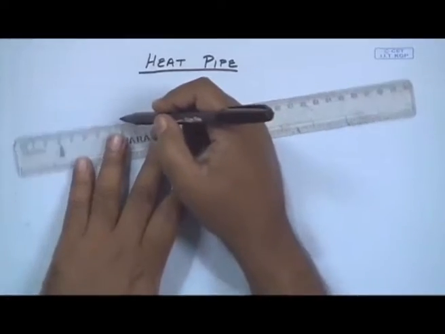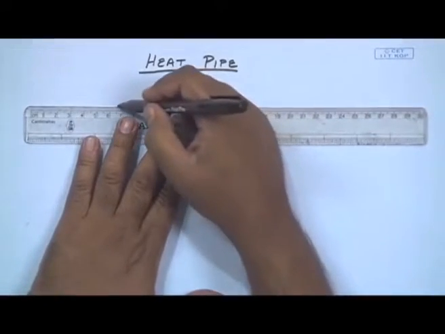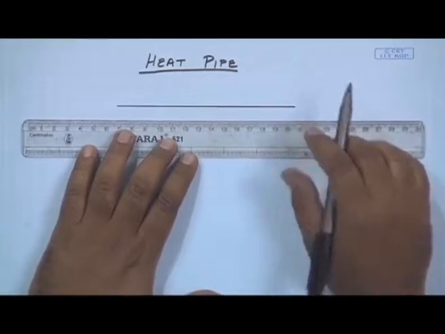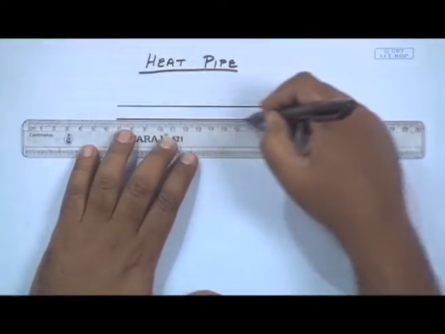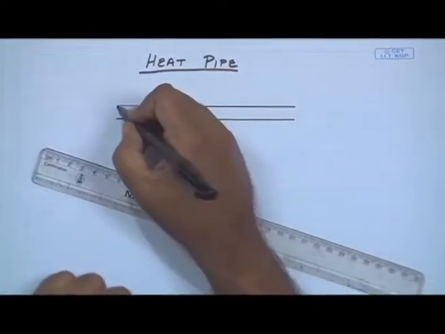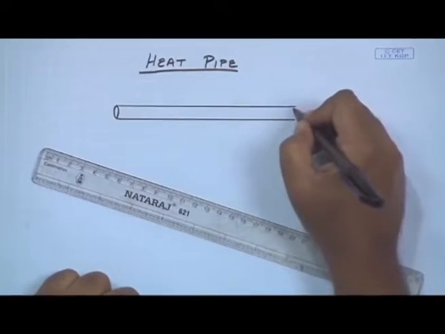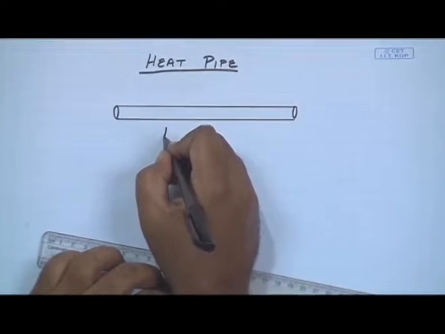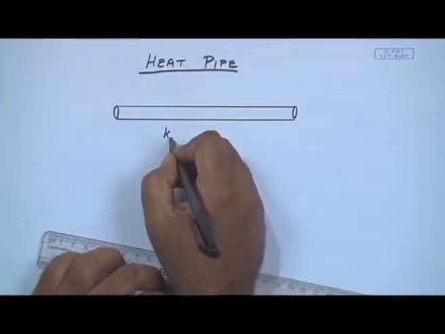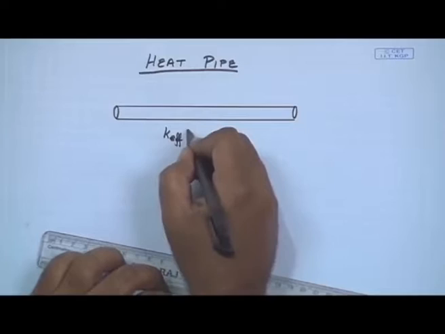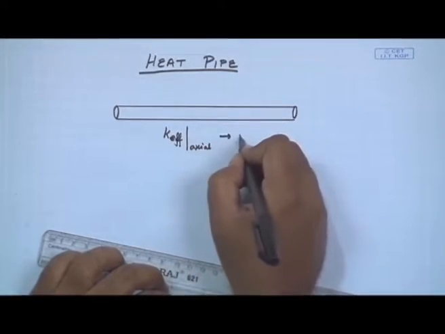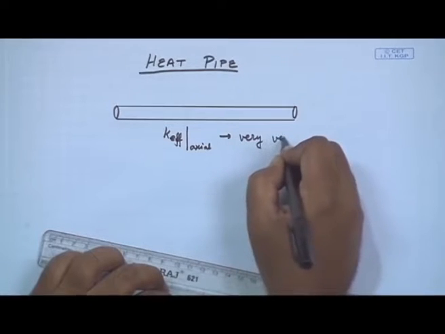So let us say if I draw something that looks like a pipe in this manner and call this a heat pipe, then the effective conductivity along the axial direction, K effective in the axial direction, is very high.